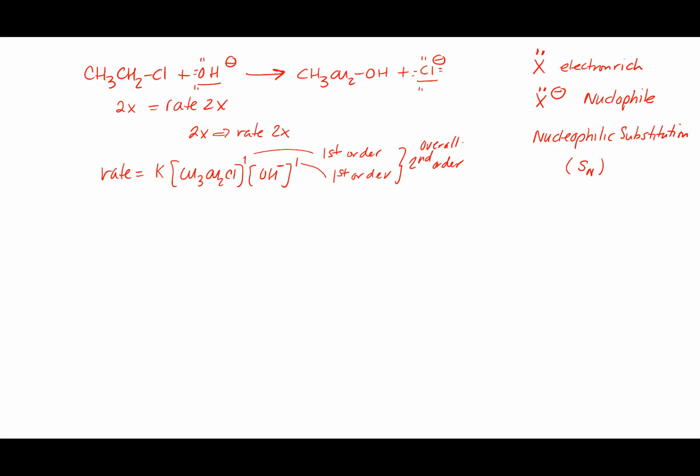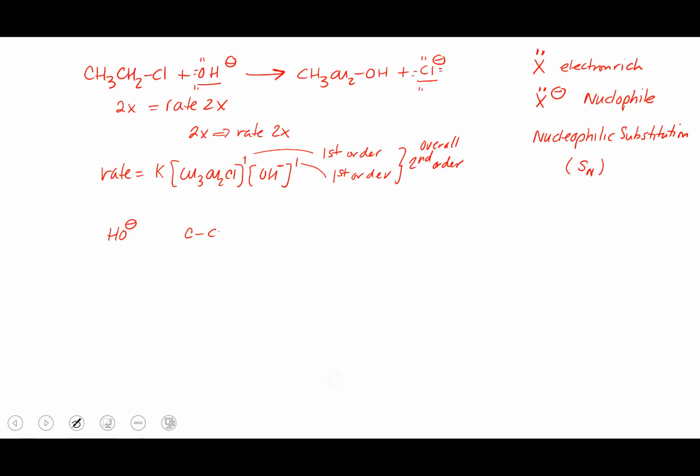So then, okay, I'd like to know the mechanism. I'd like to know step by step how this reaction occurs. So the first easiest mechanism to write is to say, okay, the hydroxide comes in and attacks that carbon.